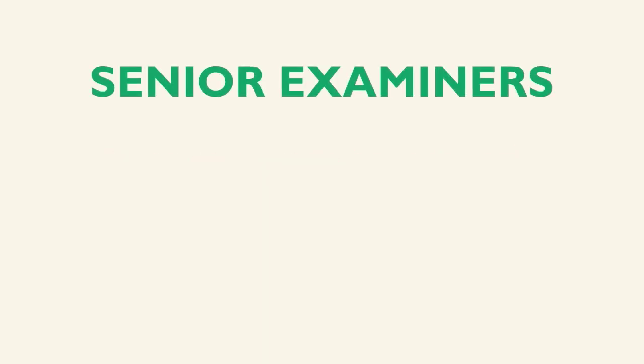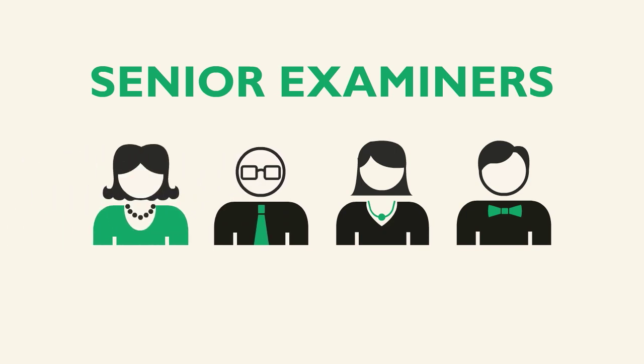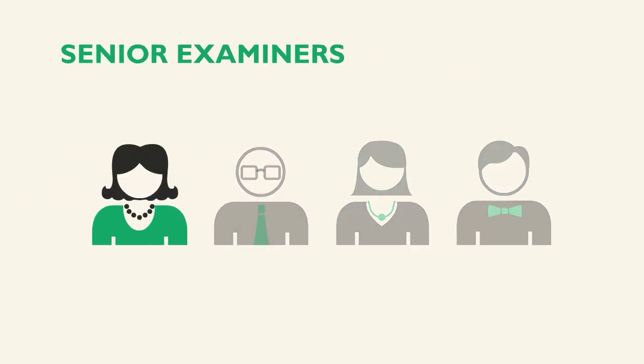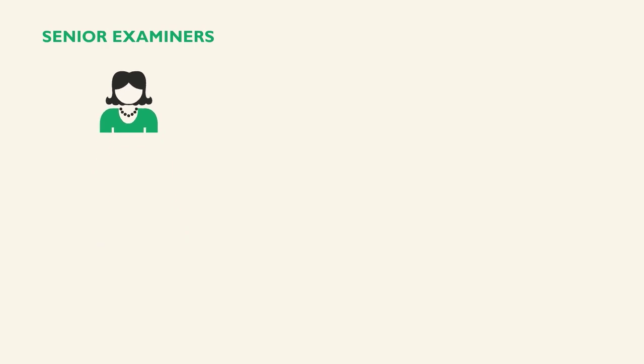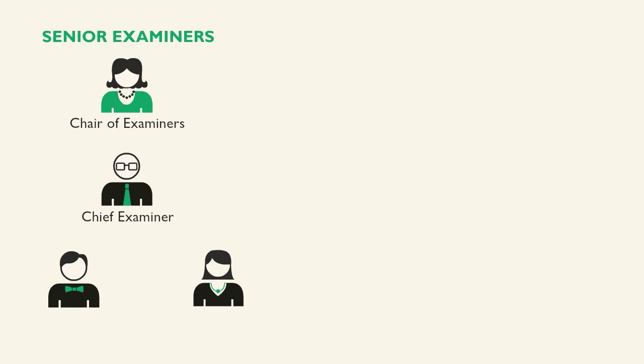A team of senior examiners, who are subject experts, oversee the awarding process for each qualification, including someone who is accountable for the entire qualification, such as the chair of examiners, someone who is responsible for different papers, such as the chief examiner, people who are responsible for specific papers or coursework, such as the principal examiner or principal moderator.